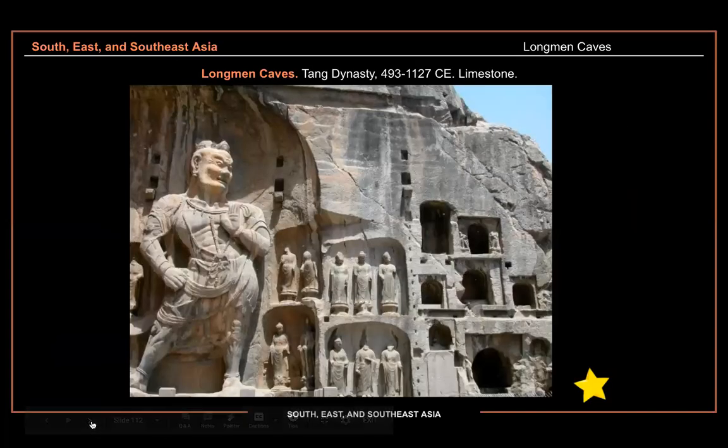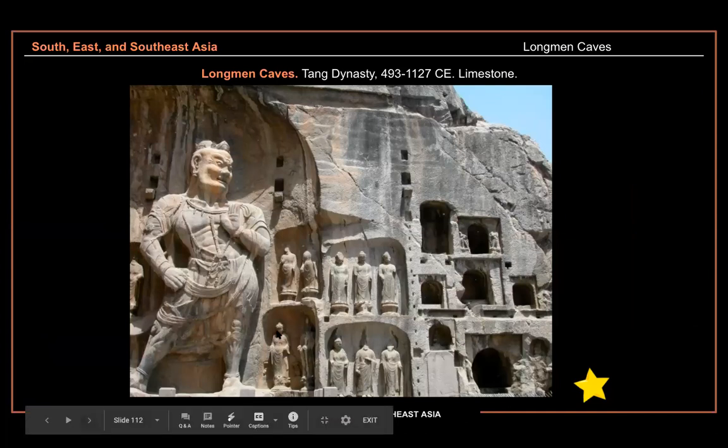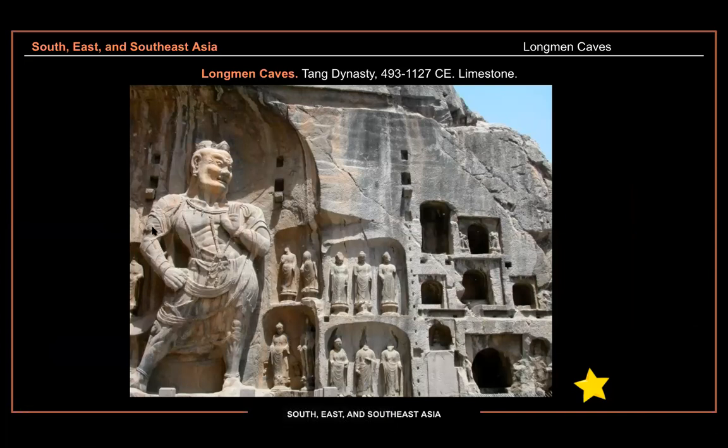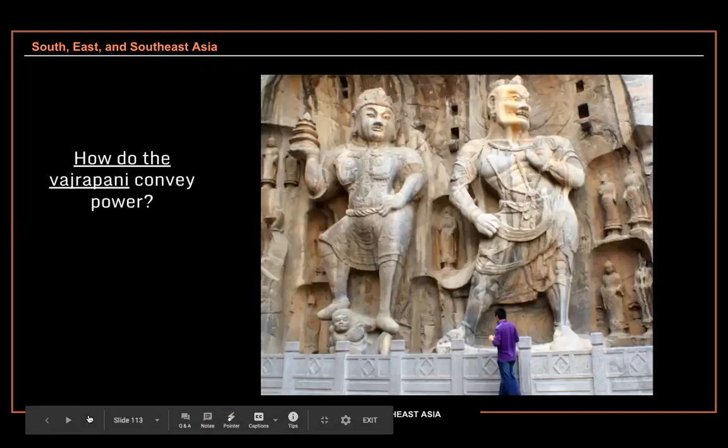Now, one of the things that we have at Longmen is we have other images besides Buddha. And so we have lots of smaller images of Buddha, Buddha's followers, but there's also these large colossal figures that aren't like, they're definitely not bodhisattvas. I do not know why, but once again, AP picks a very strange image. So let me show you what it really looks like, right?